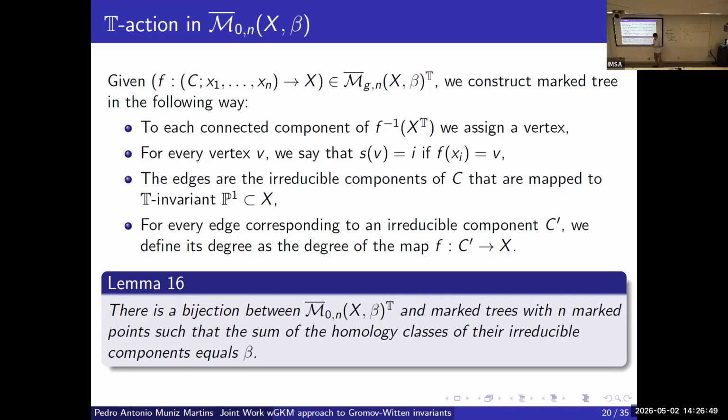And we have the degree that is just the degree in homology of the irreducible component when you push forward to X. Well, from this bijection, we have a complete description of the fixed locus of the moduli space of stable maps. Then it's possible to reduce the integral in the equivariant Gromov-Witten invariants to just a sum over those types of trees.